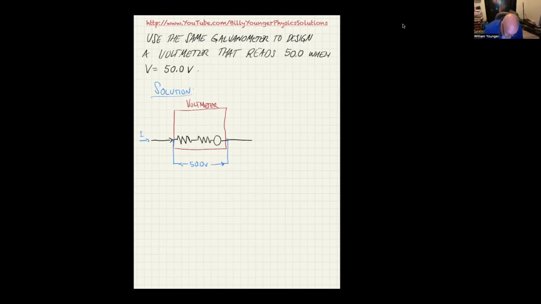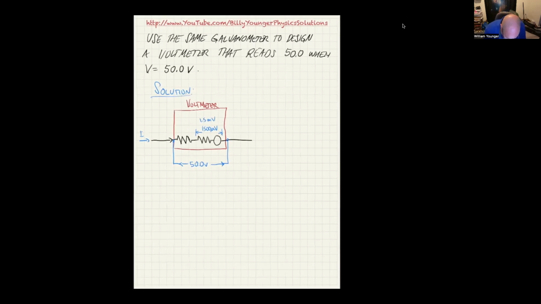But this voltage right here can only be 1500 microvolts, which I said was 1.5 millivolts, like that.